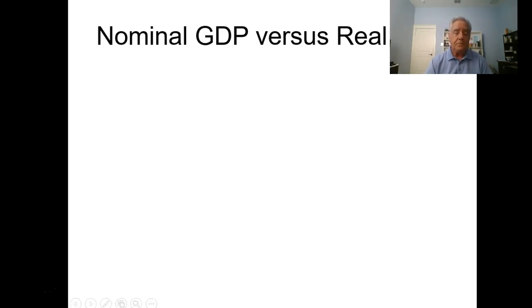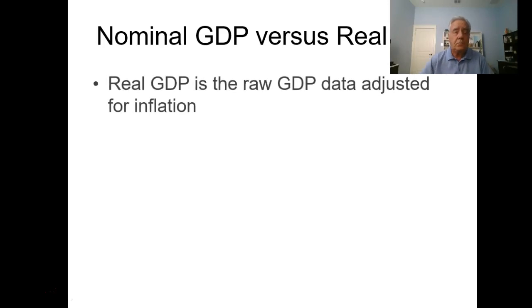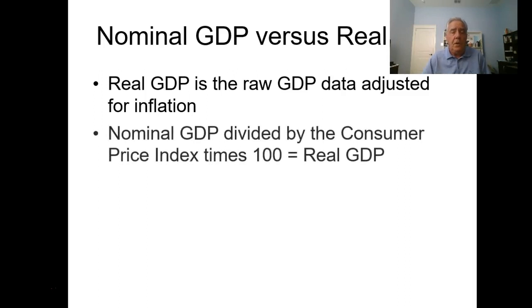inflation. Okay. So real GDP is the raw GDP data adjusted for inflation. So real is adjusted for inflation. Nominal GDP, we divide by the consumer price index times 100 equals real GDP.